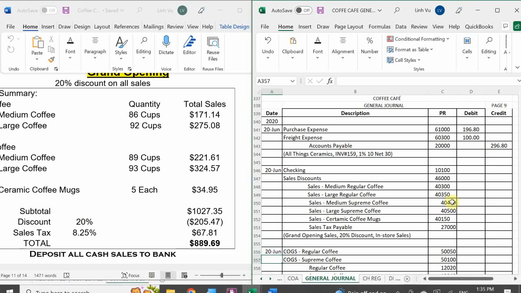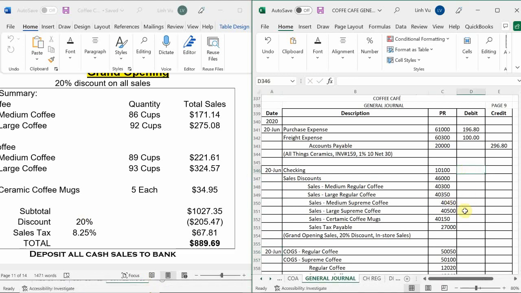Okay, so how much cash did we collect at the end of the day? We had 889.69, and then the discount we give out was 205.47. And then for medium regular, we have 171.14.